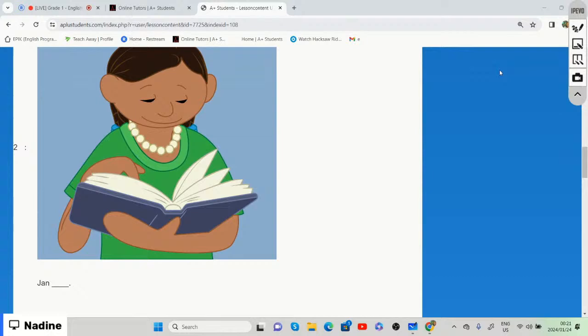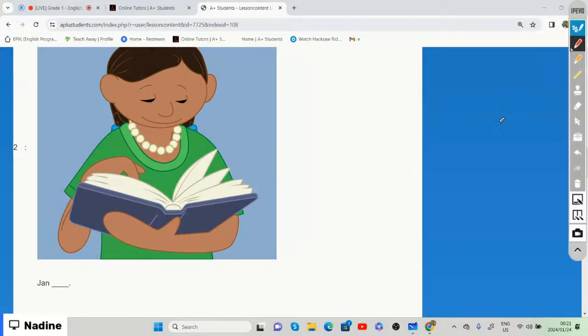And if we look at something that Jan is doing, then we can say Jan reads, because Jan reads a book. So Jan reads. So reads is an action that Jan is doing. She reads a book.